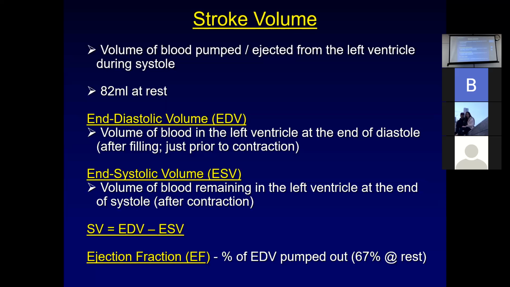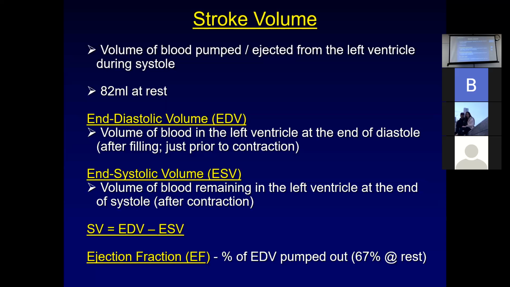Stroke volume is dependent upon the size of the left ventricle. If you have a bigger left ventricle that has a larger space in it, then you can fill it up with more blood, and therefore it can eject more blood every time it beats.